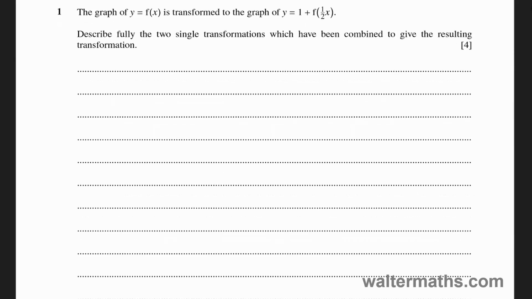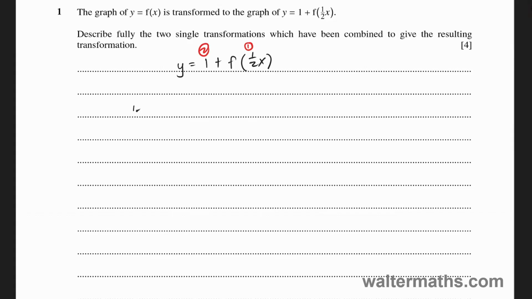All right, so here, for y is equal to 1 plus f of a half of x, the first transformation should be the one represented by a half. That's the one inside the bracket. And the second transformation is the one represented by the term that is outside of the bracket.